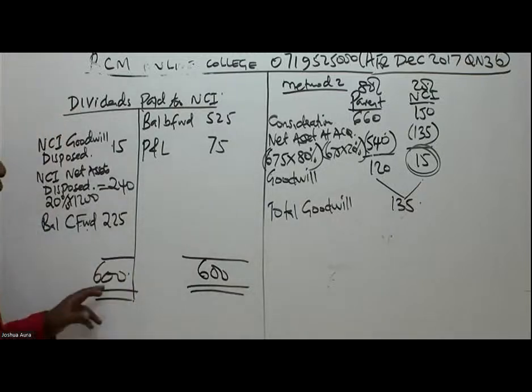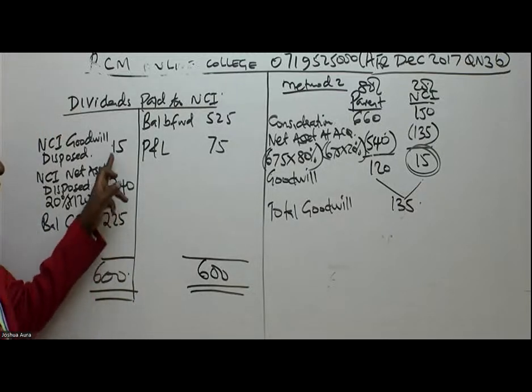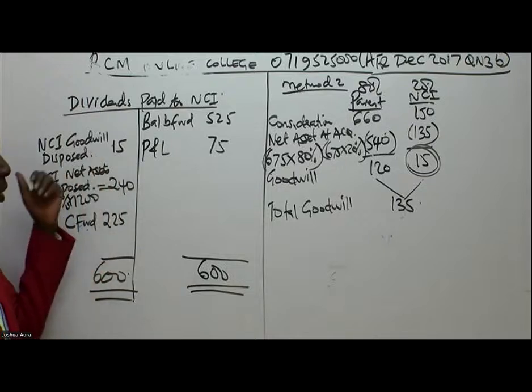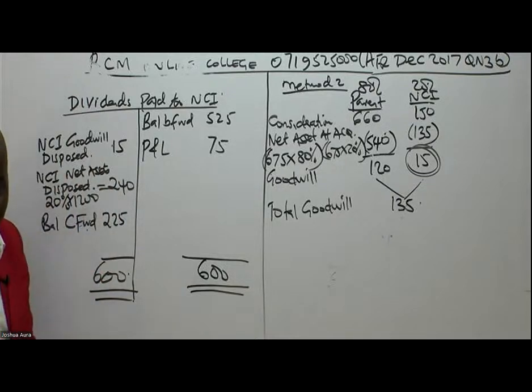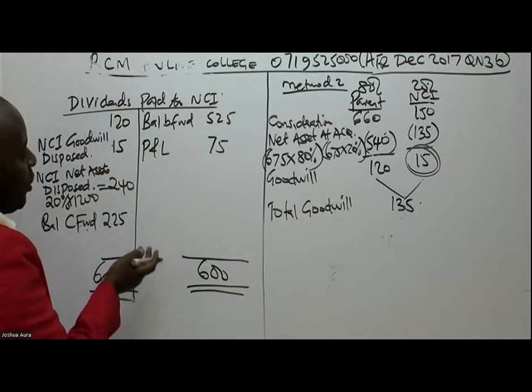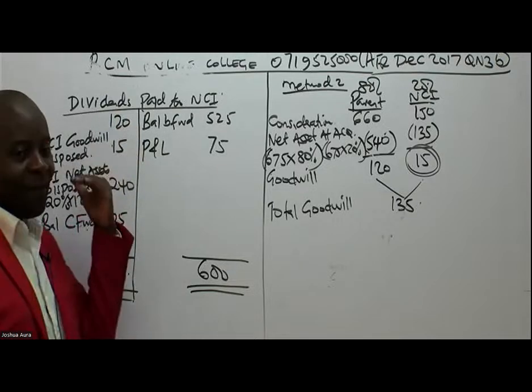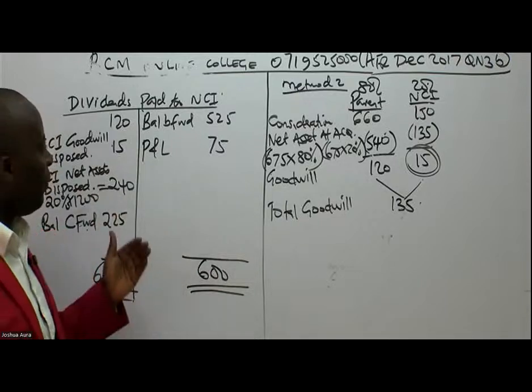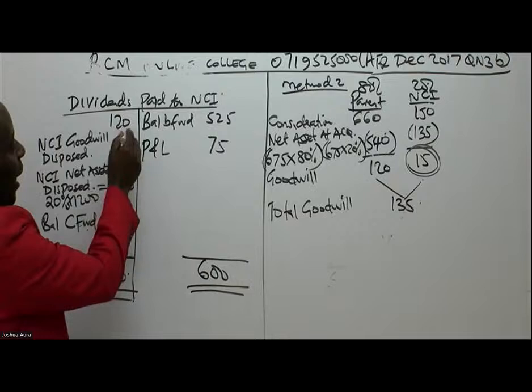The balancing figure will be 600 minus 225 minus 120. So this 120, we are putting it here. Of course, the 120 must be the dividend that we paid to NCI.